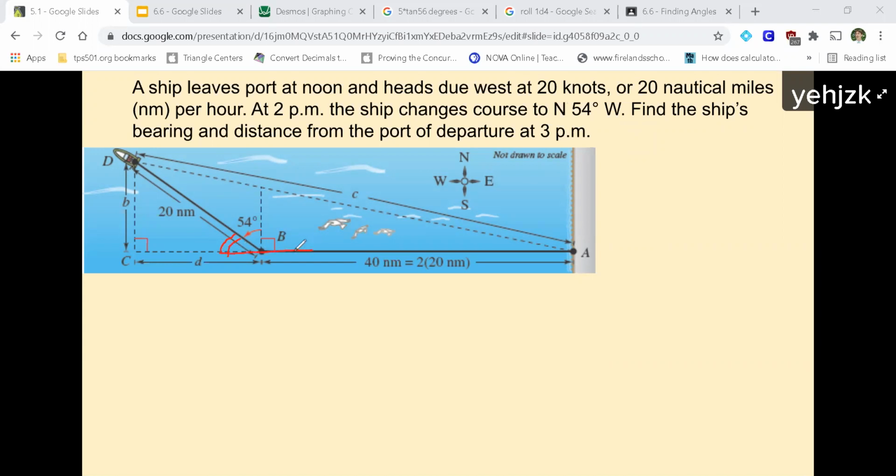Straight line right here. This is 90. So this has to be 90. If this is 54, how much is left over for this angle right here? How do I find this amount?